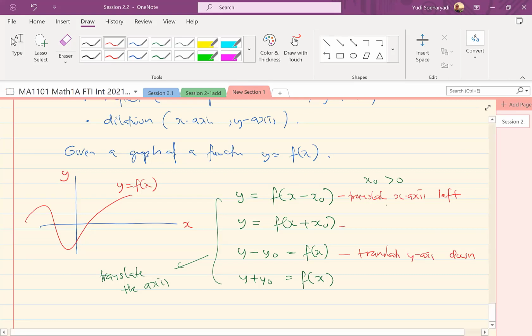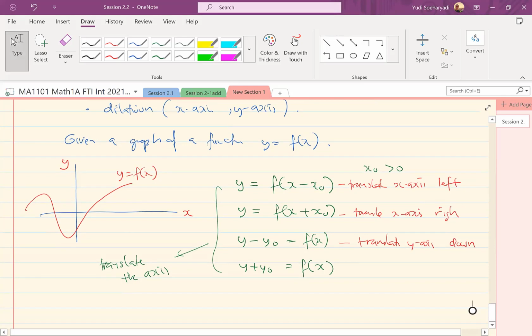Okay, so this is the same thing. This is translate the x-axis to the right. This is translate the y-axis down.